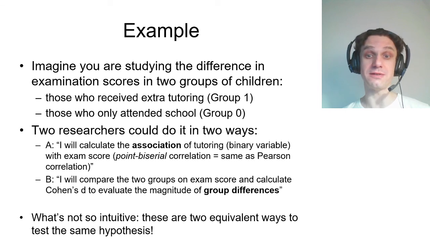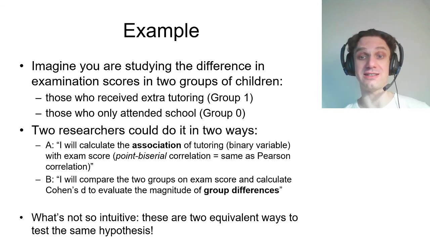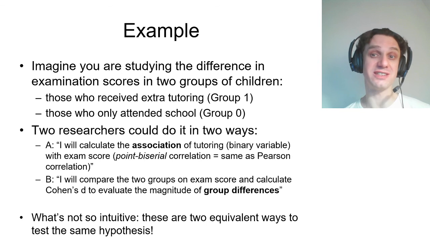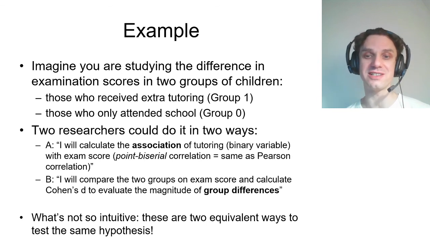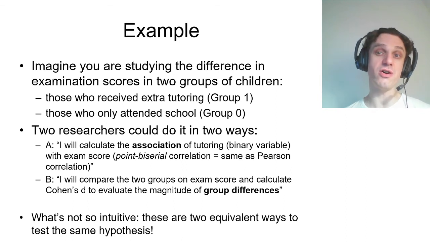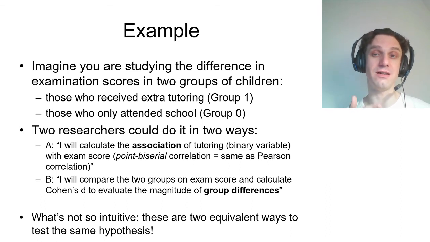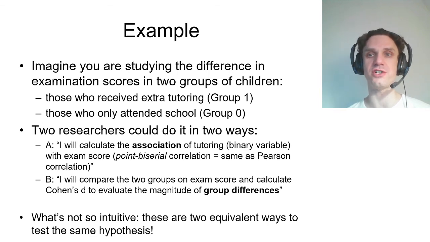Or if the tutoring is measured on some interval scale, in terms of the number of hours, for example, this will be just your good old Pearson correlation. And in the case of Pearson correlation, we know that it's the r itself which expresses the effect size. The larger is r, the stronger is our association.